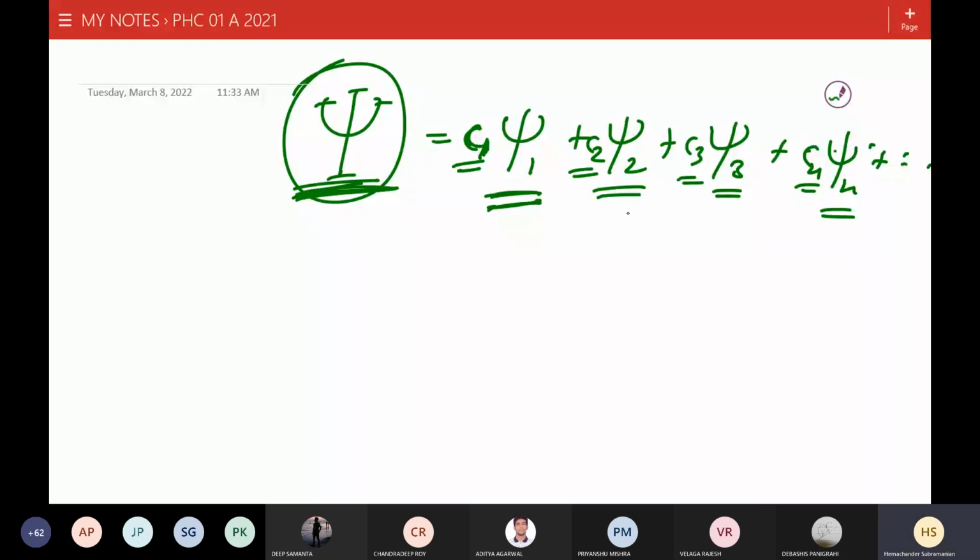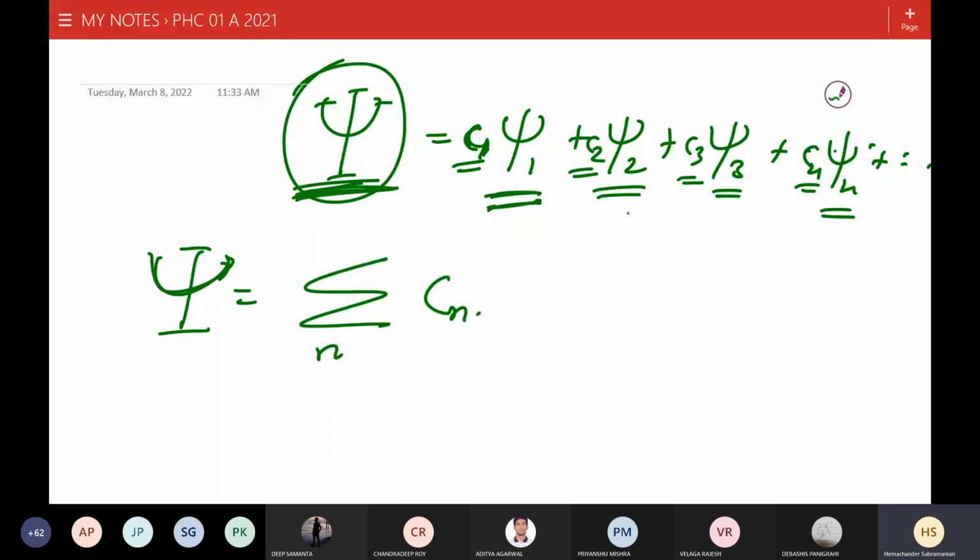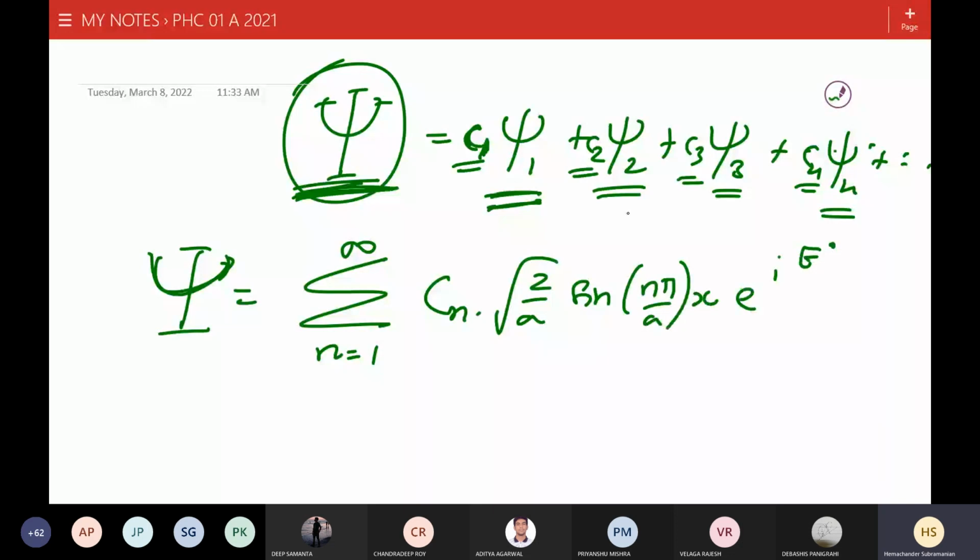Any general solution can be written like this: Cn, for n equals 1 to infinity, 2 over a sine n pi x over a, e power minus i En t over h bar. You know what En is: n squared pi squared h bar squared over 2 m a squared.